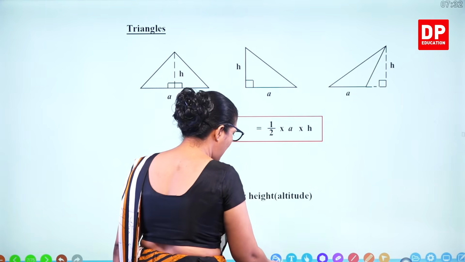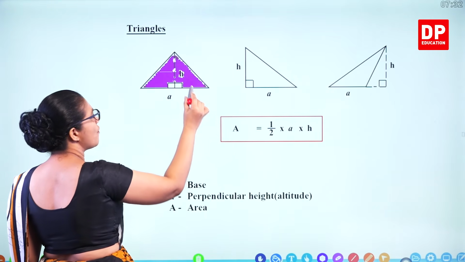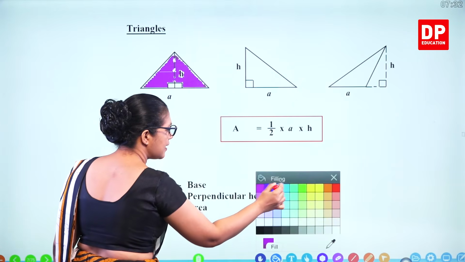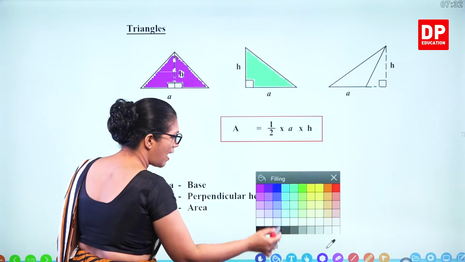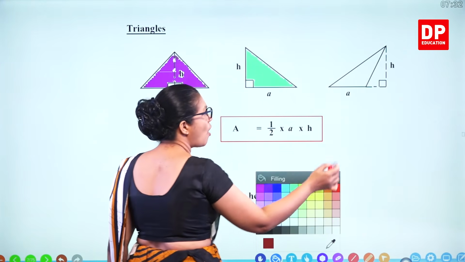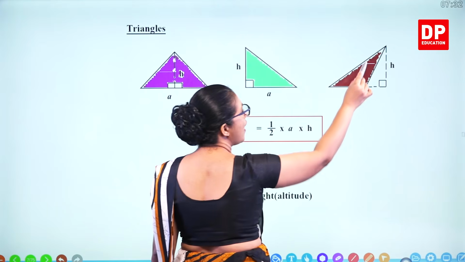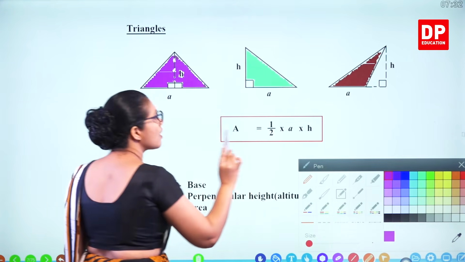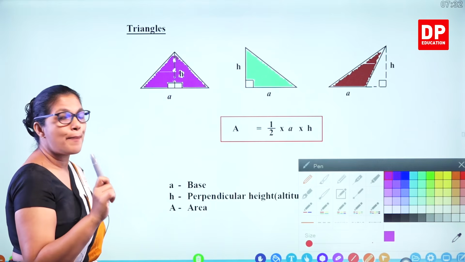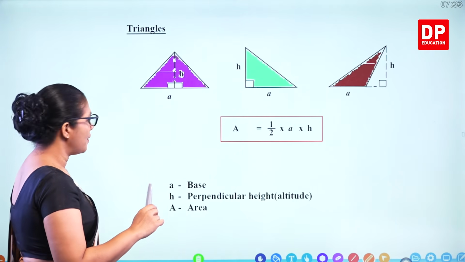So when we are finding the areas of this, this right angle triangle and this triangle, how do we find out? Half into base into perpendicular height. So remember that formula.